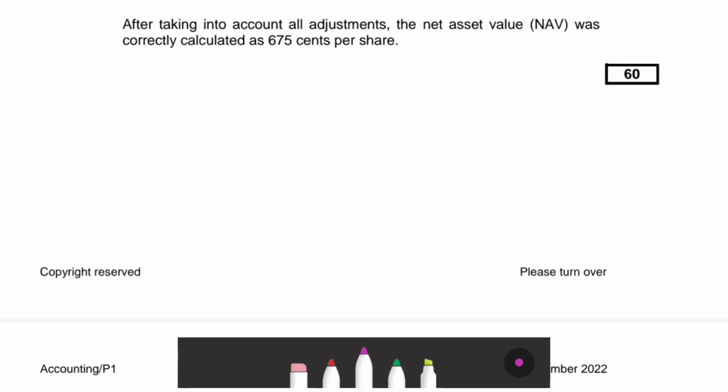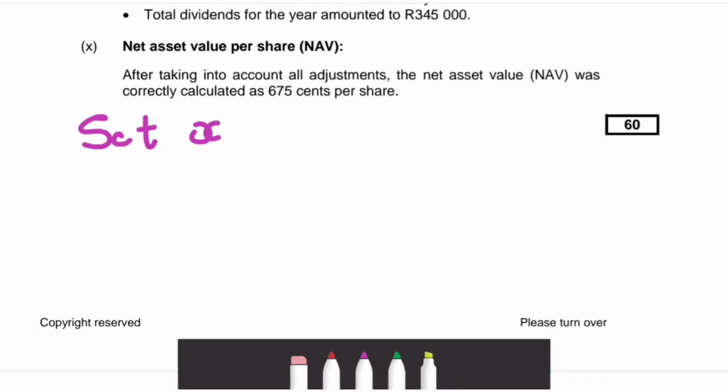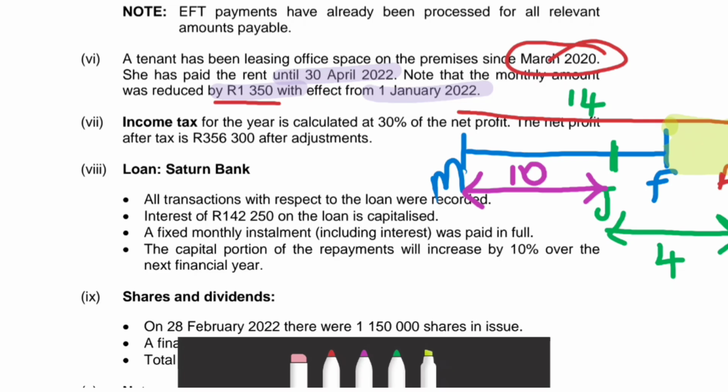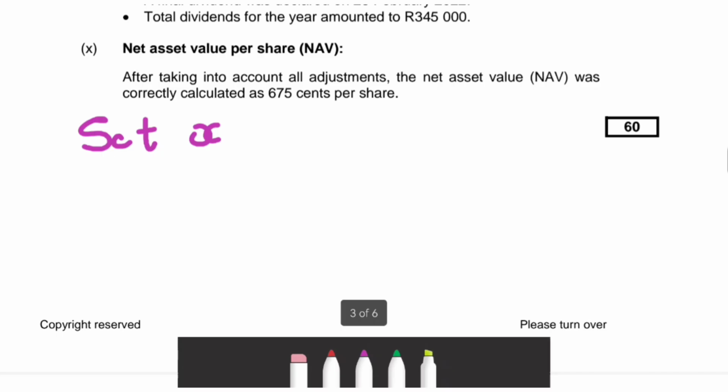Let's set the original monthly rent as X. If the initial rent was X, then the reduced rent is X minus 1,350. Think about it. X is the amount that we were receiving on a month-to-month basis.